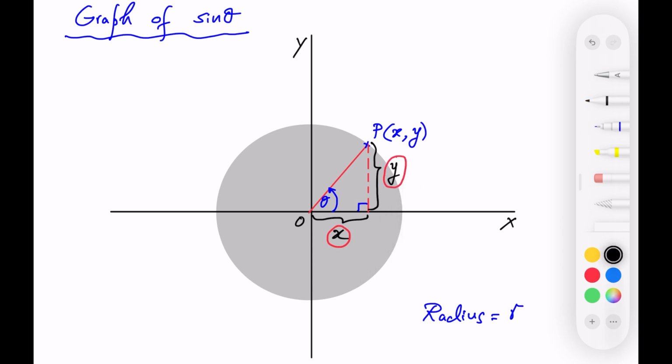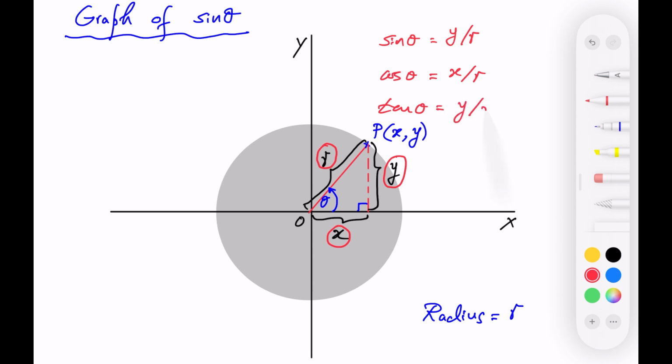Of course, the radius is equal to r, therefore this length is equal to r. Then we said sine theta can be defined as y over r, cosine theta can be defined as x over r, and tangent theta can be defined as y over x.